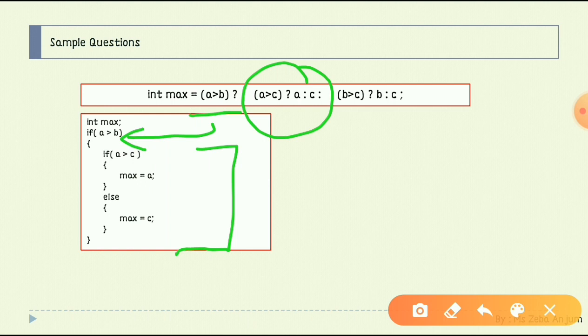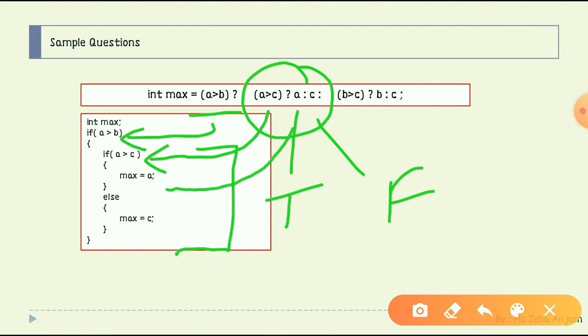So again this will be converted to your if else. So a greater than c is our condition for your inner if. Now for this inner if, this one is for true value and c is for false value. Yes, so in inner if you will be giving max equals to a as well as max equals to c when your condition becomes false.